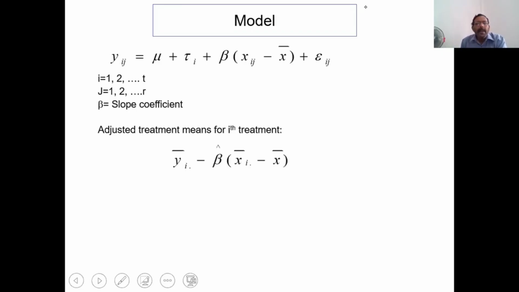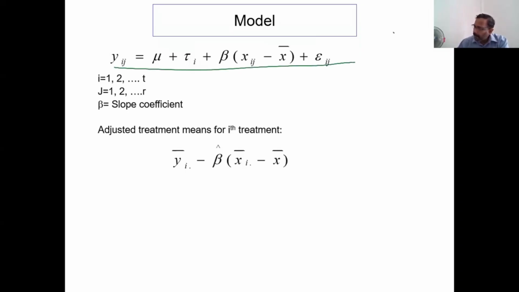Any questions? Right. So this is how we write down the model. Carefully look at the model. So Yij, this is for CRD.